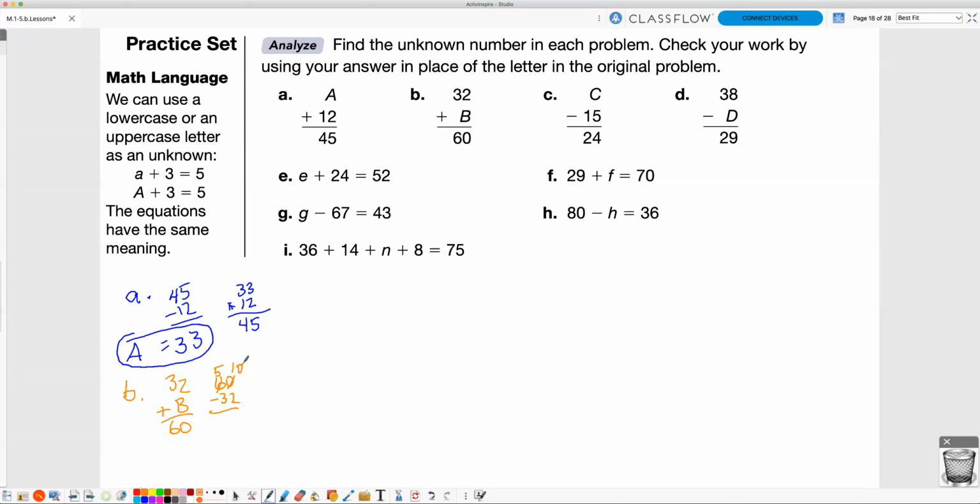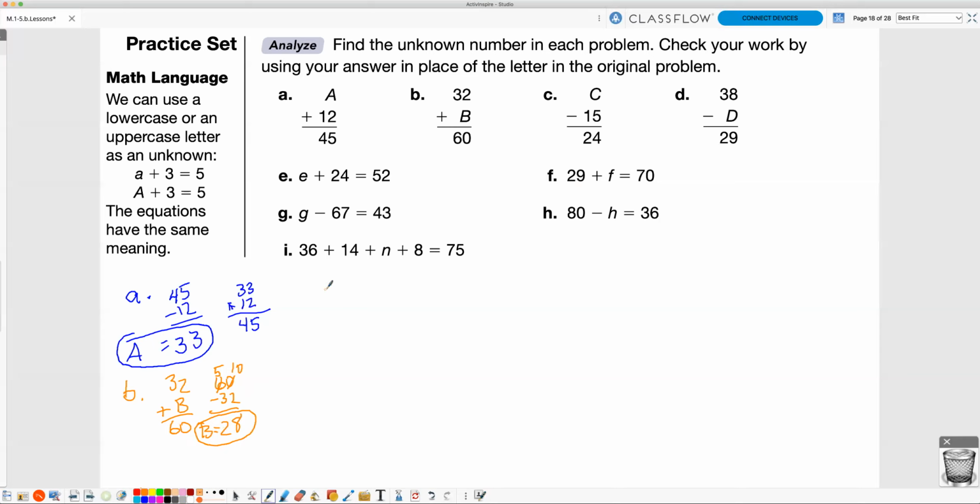This would be 10. So this would be 8, and that would be 2. So that means that B is 28. And I could check that by taking 28 plus 32, and it should equal 60.